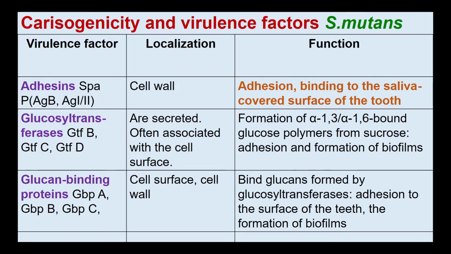The next factor, glycosyltransferases, different types, glycosyltransferase B, C, and D, are secreted and sometimes may be associated with the cell surface. They form alpha-1,3 and alpha-1,6 bound glucose polymers from sucrose, which helps adhesion and formation of biofilms.